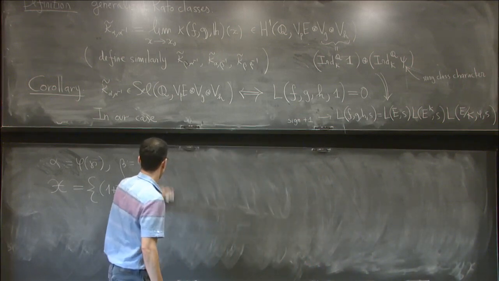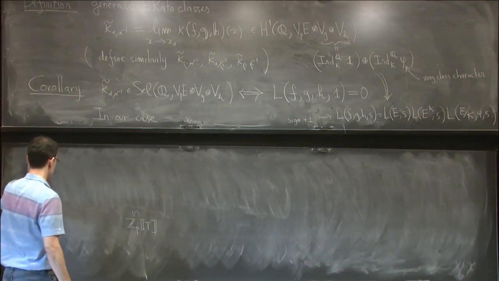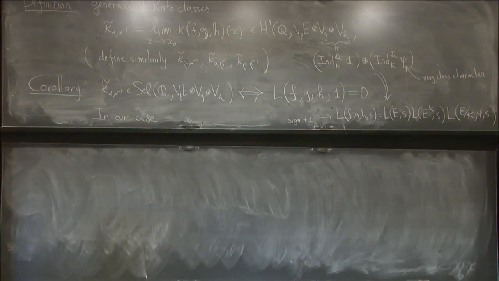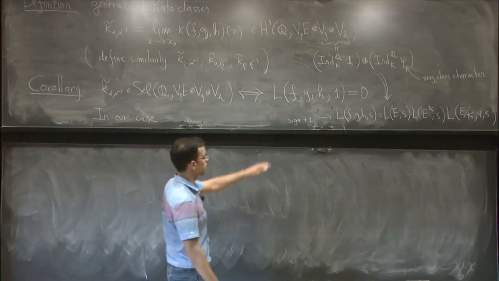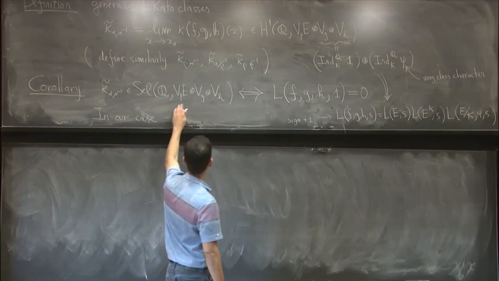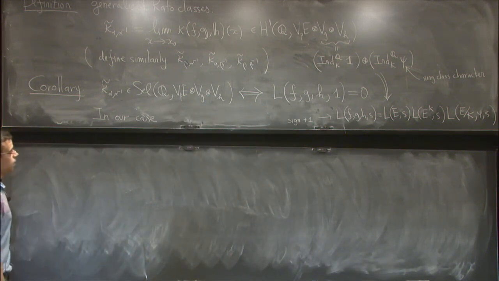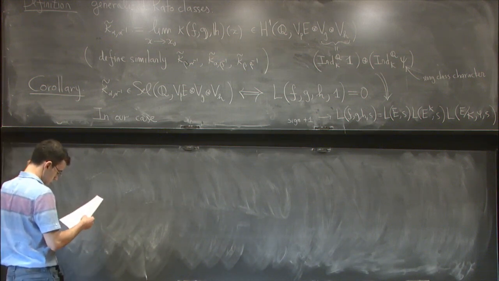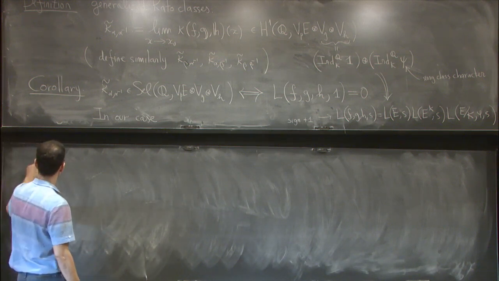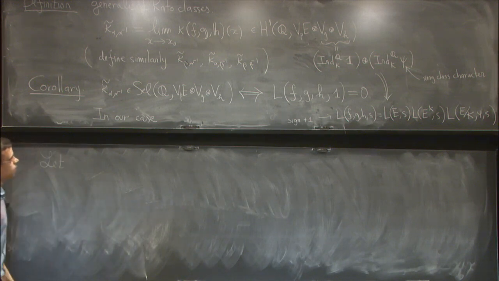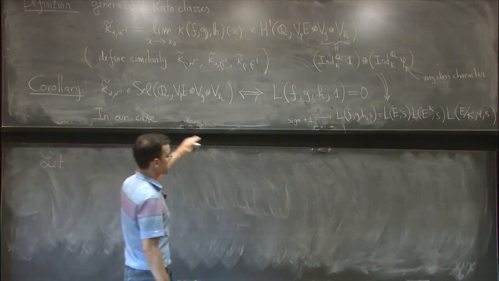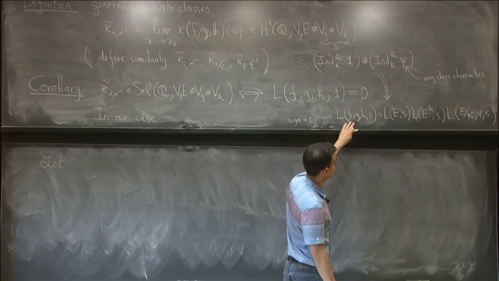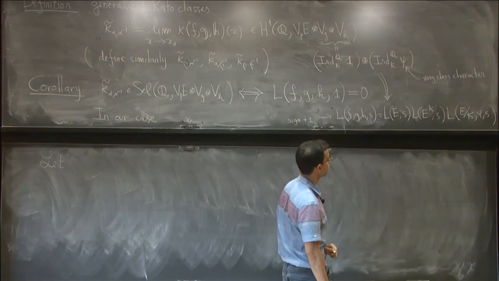And the conjecture of Darmon and Rotger that I want to state is telling you that precisely when this vanishes to order 2 is when these classes will be non-trivial. So, as I'm going to state in a second, this class should be non-trivial precisely when this vanishes to order 2 at s equal to 1.